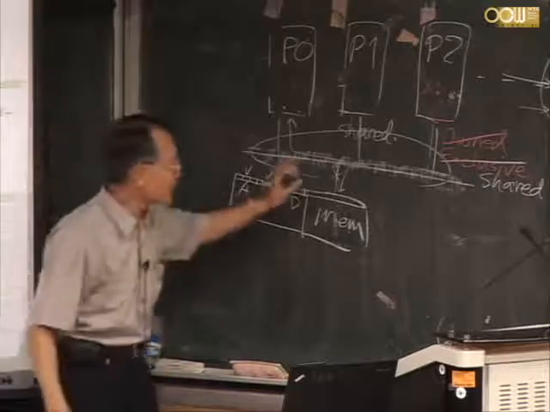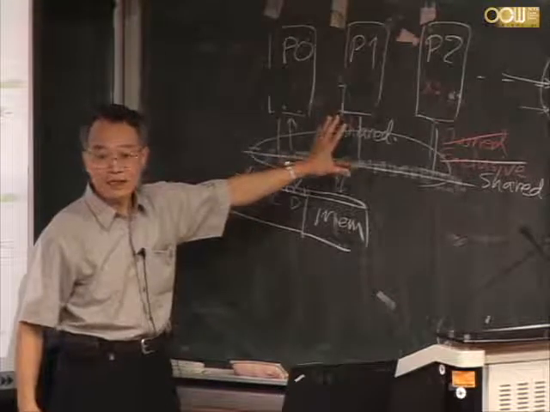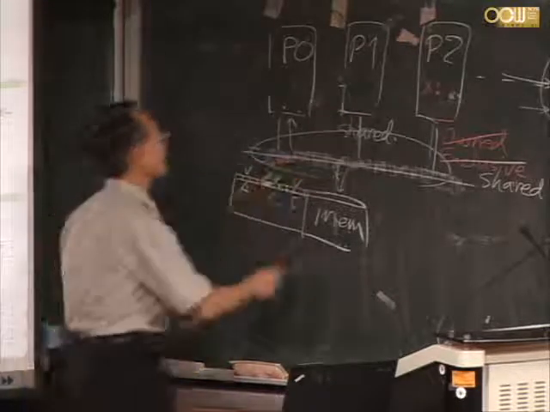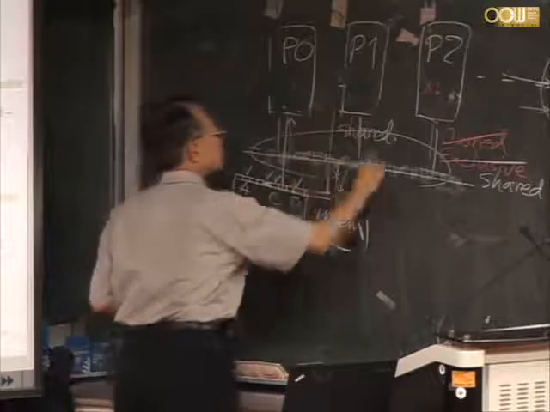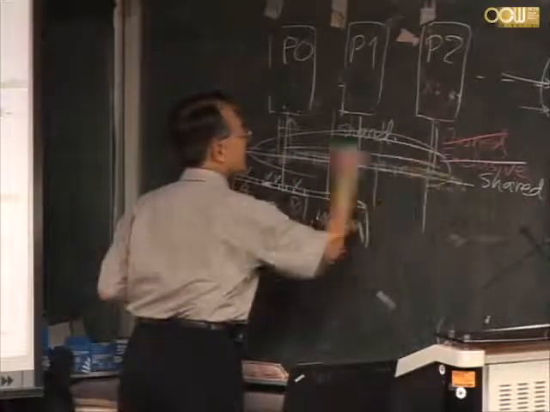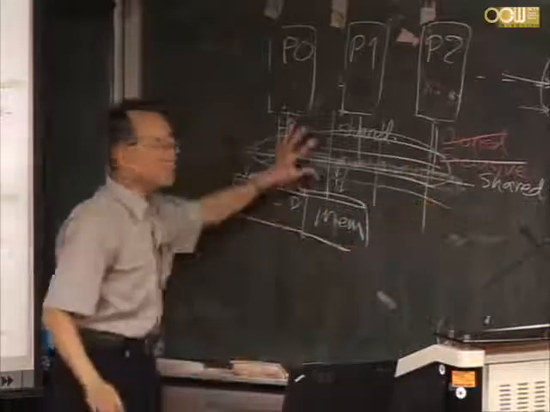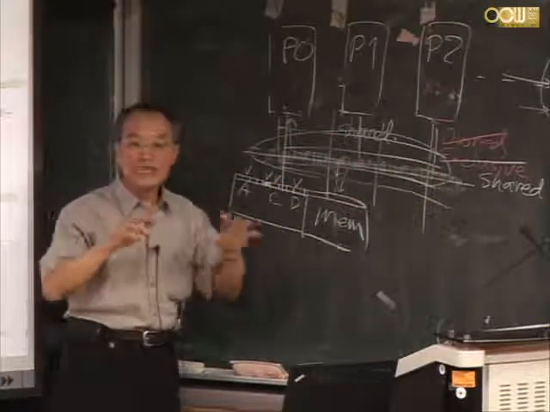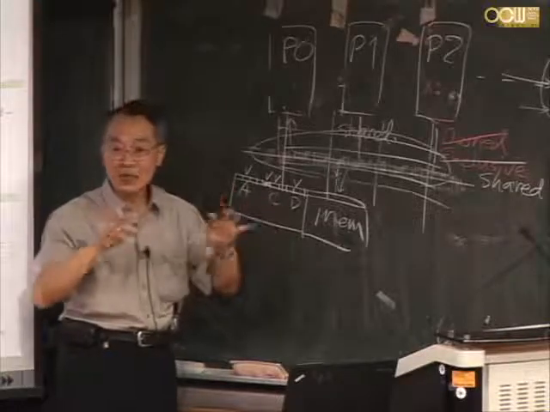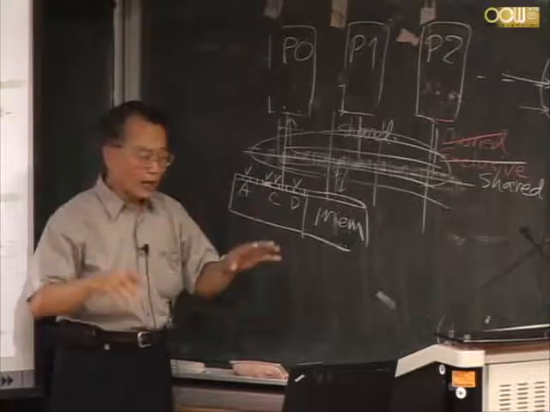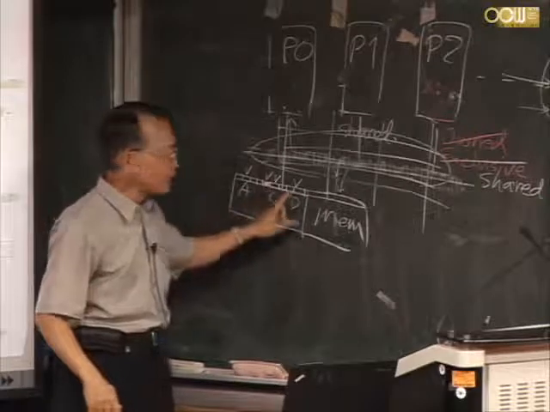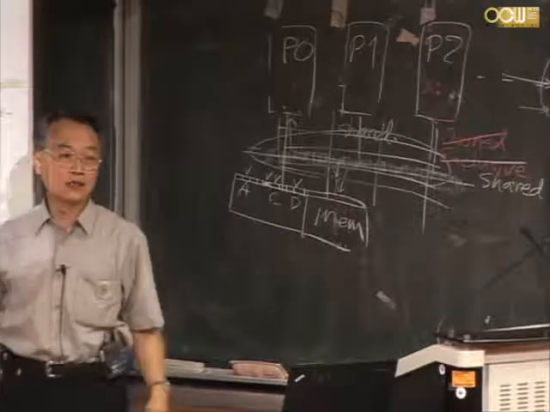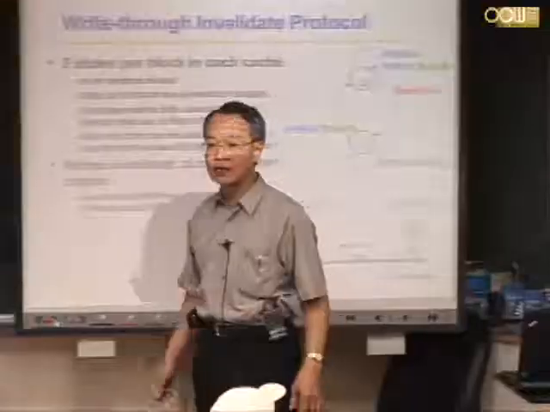To save broadcast traffic. With this, I can use some kind of point-to-point interconnection. And point-to-point interconnection can allow more messages to coexist in the network, right? I don't need to waste any message in my interconnection network.